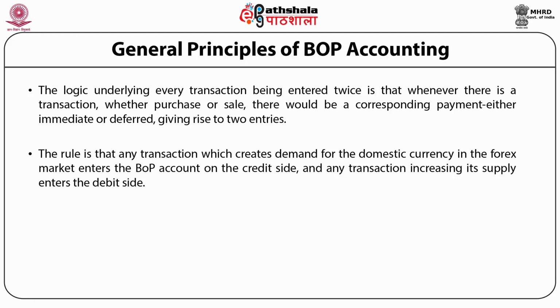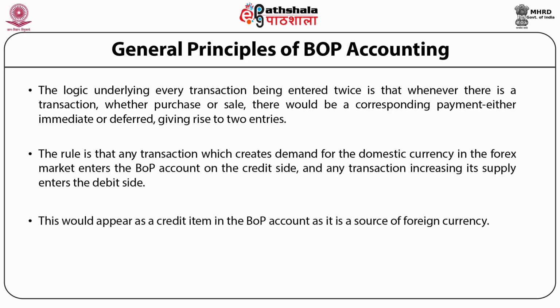For example, a country exports goods to another country. The demand for the domestic currency goes up as the foreign importer would need to buy the domestic currency to pay for the imports. This would appear as a credit item in the BOP account as it is a source of foreign currency.